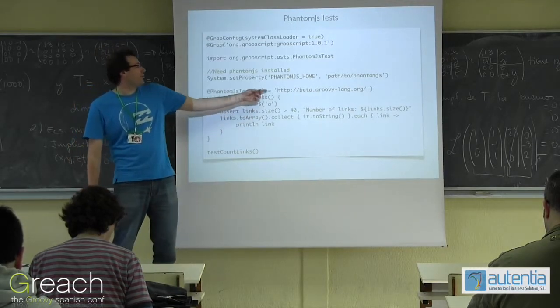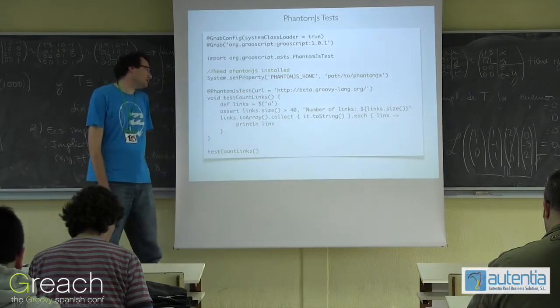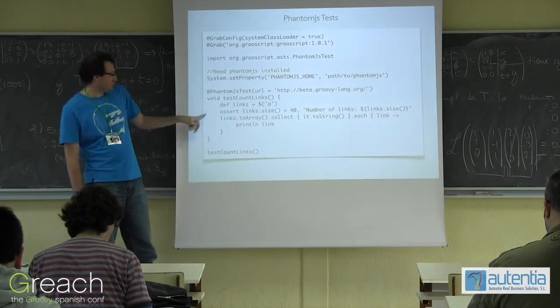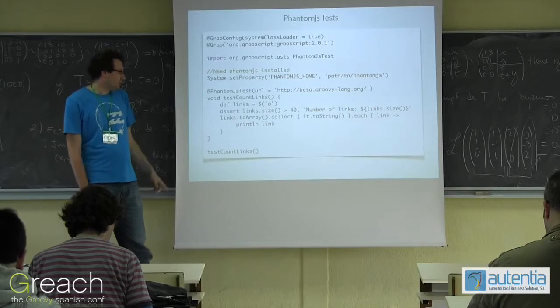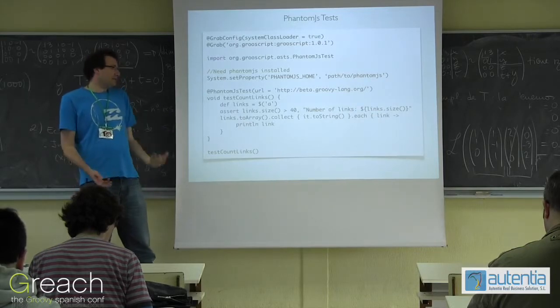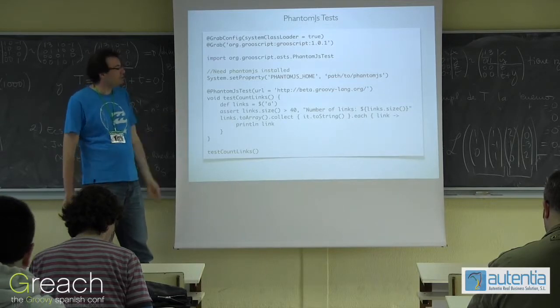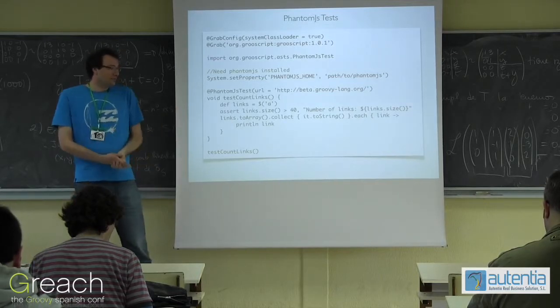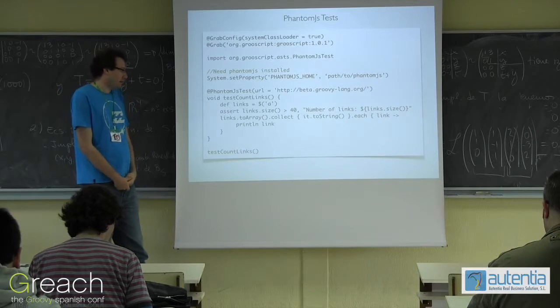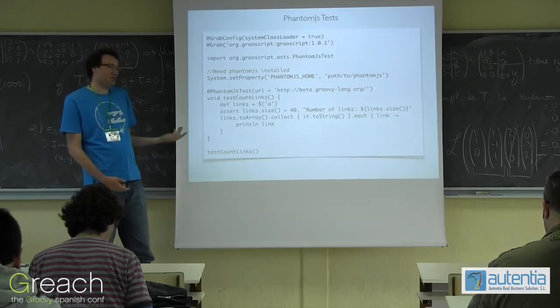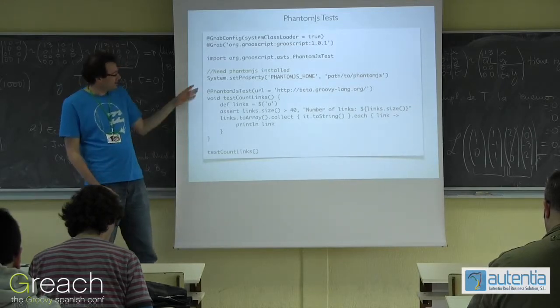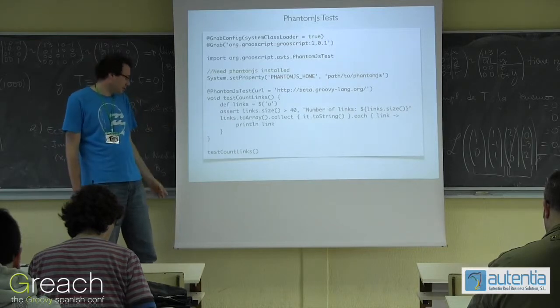So you only have to define where PhantomJS is, and you run your test. It's a fast test. If you want to do something fast, it's very good. But if you want to do more complex testing, please use Geb or something like that. It's just good for fast tests.